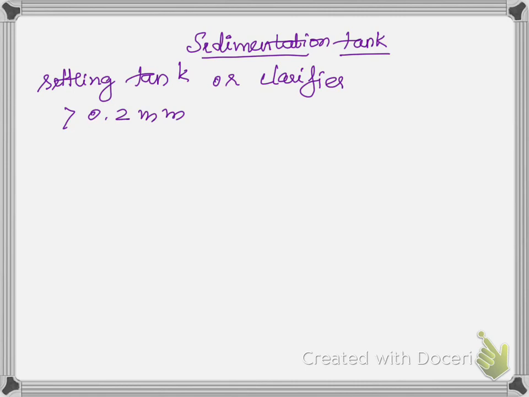In order to enhance sedimentation, you can add chemicals and remove very fine suspended particles present in the wastewater. The process of adding some chemical to the wastewater and removing the very fine suspended particles present in it is termed sedimentation aided with coagulation.